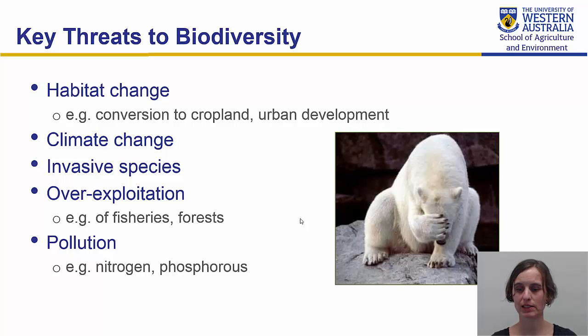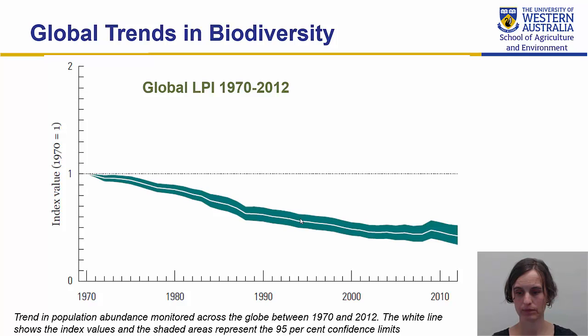And over the past years, we've seen a massive decline in biodiversity. So what I'm showing here is the trend in the previous Living Planet Index, which was released in 2012, which shows a decline in global biodiversity.